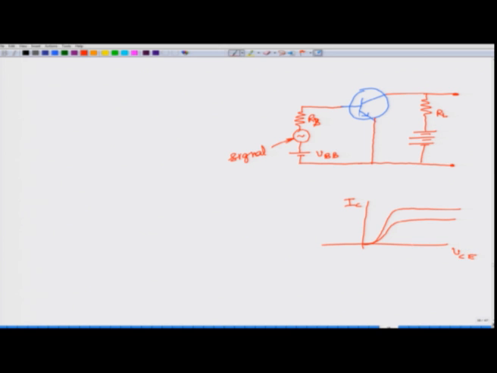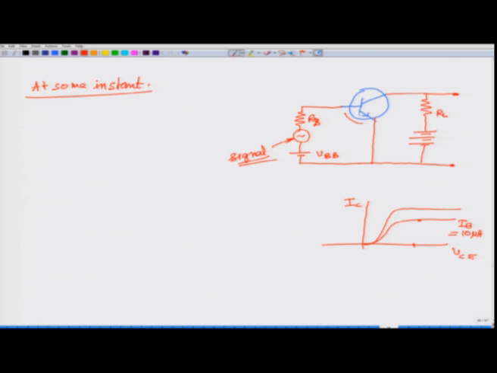And suppose we are somewhere here, comfortably reverse biased, and let us say at some instant you have some value of this signal, and therefore, there is some value of this VBE, this voltage here, and correspondingly there is a current IB, let us say 10 microampere here, like that.